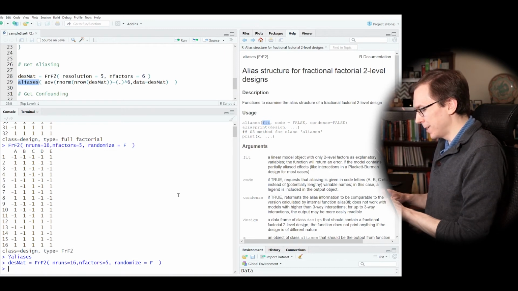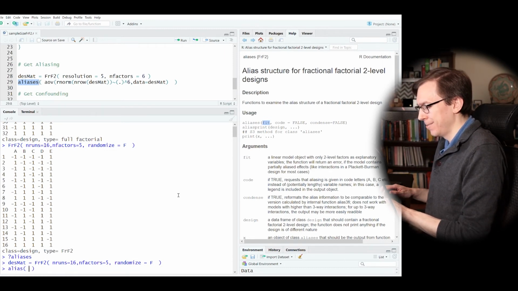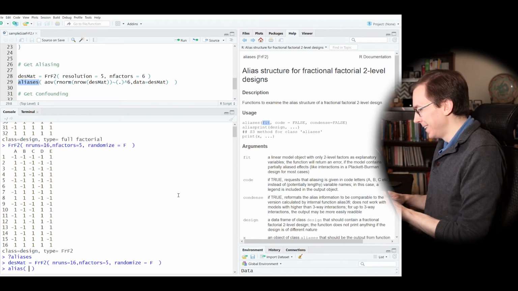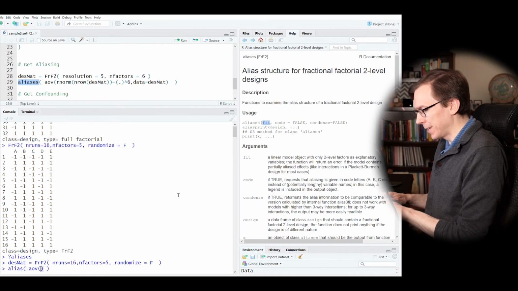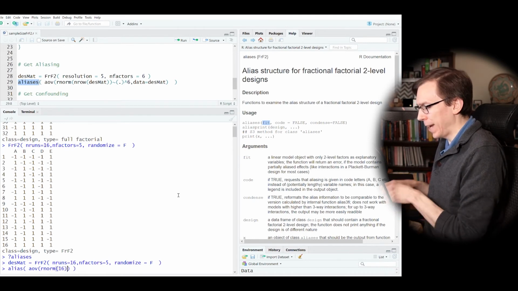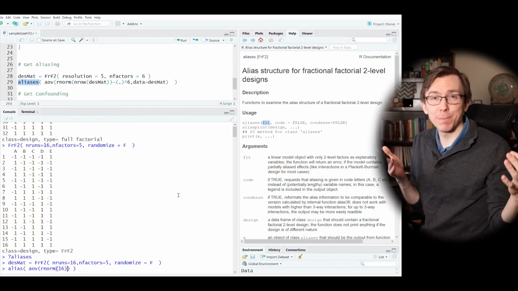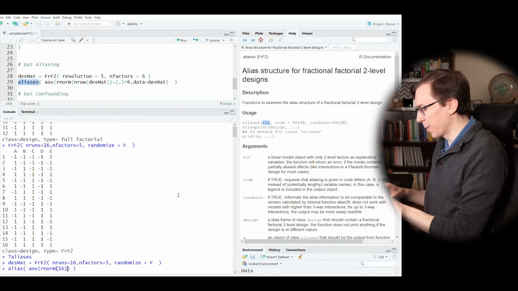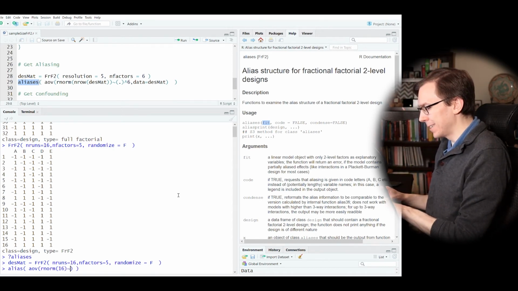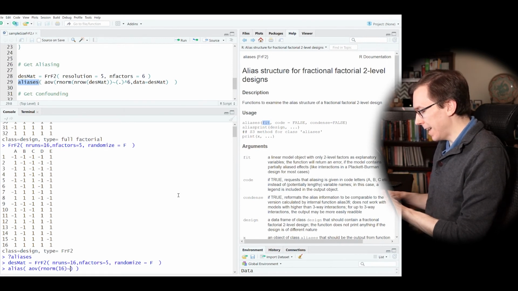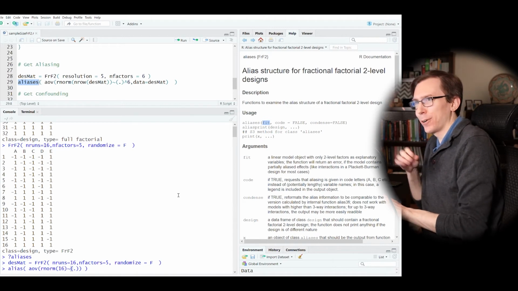And then what I can do is fit a trivial model, trivial in the sense that I'm just going to go AOV, and then I'm going to give it 16 random normals as my response, which really have nothing to do with anything. I'm just using them as a placeholder. And then I can use a shorthand, something that I forgot to mention earlier in the course.